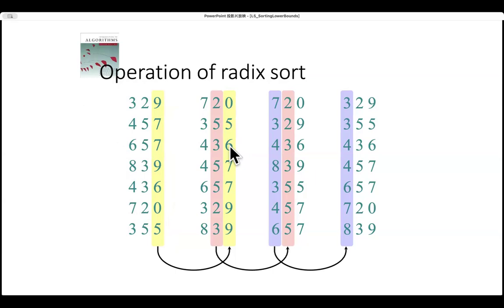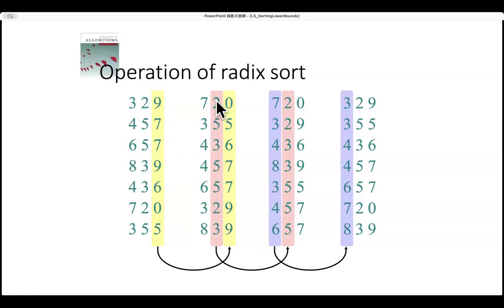Then we have 457 and 657, but you have to be careful: because 457 appears earlier than 657, you have 457, 657 in this order. And for those with 9, obviously 329 appears earlier than 839, so 329 will be in front of 839. Okay, so we're done with the first digit.